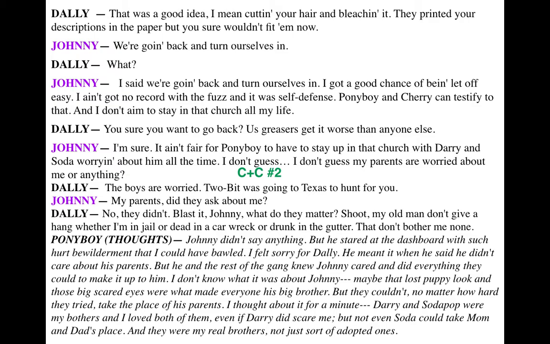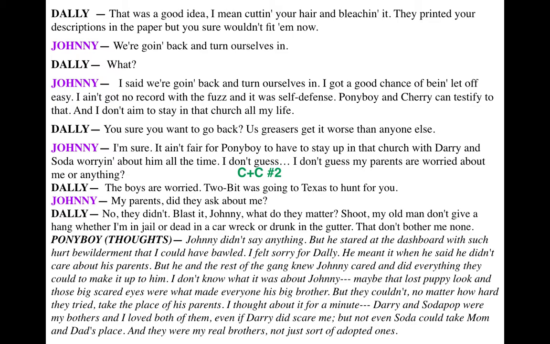Now, one thing I want you to think about. Do you think Dally really doesn't care, or does he just say that in order to look tough? I think it'd be kind of hard. I can't imagine what that would feel like. So, again, we can't read Dally's mind, right? Because Ponyboy's telling the story. But if we could, maybe Dally would say, in his mind, maybe he really does care what his dad thinks.